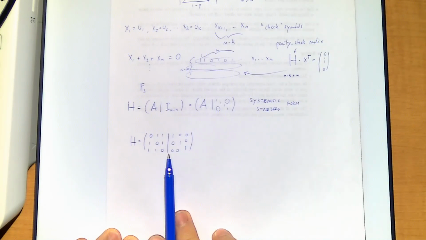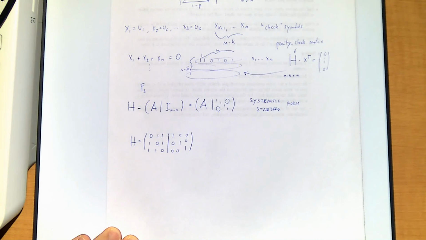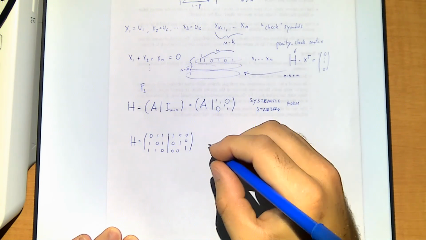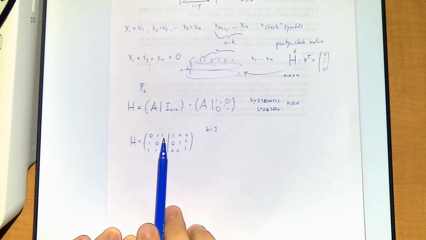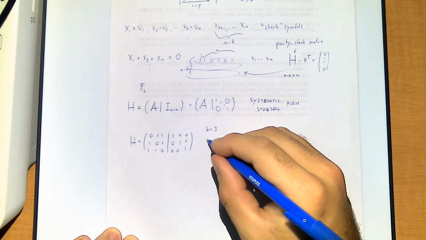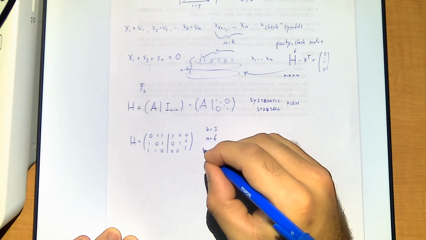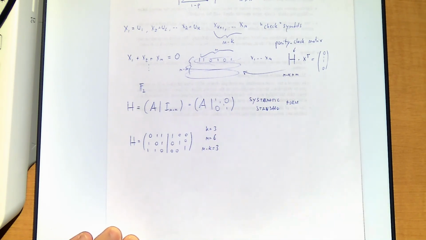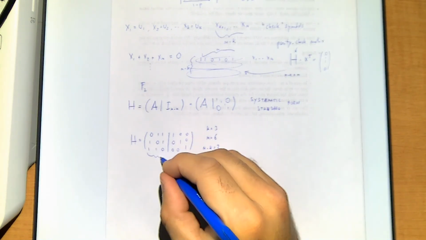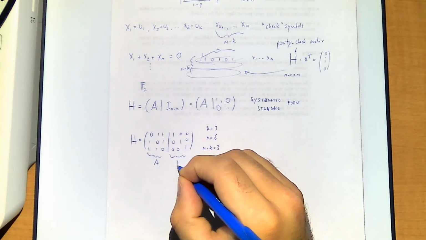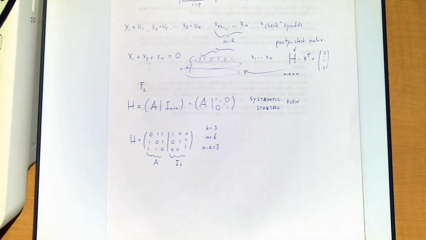The barrier in the middle is just so you can recognize it, but of course it's a matrix, so that's not really necessary. So this is a code where k is equal to 3. You see that you have 3 information symbols, right? And then n is equal to 6. So my redundancy n minus k is also 3. This means, in fact, I'm doubling the length of my message to make sure I have enough redundancy to be able to correct things. So that's my submatrix A, and this is my identity matrix 3 by 3.